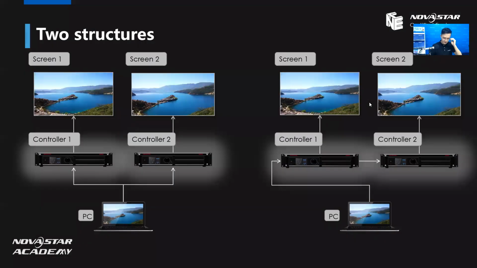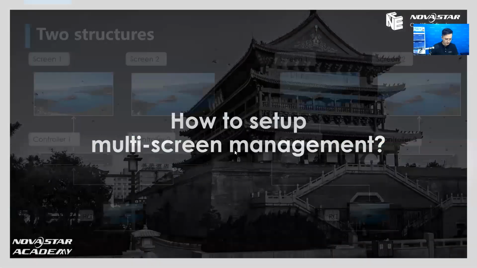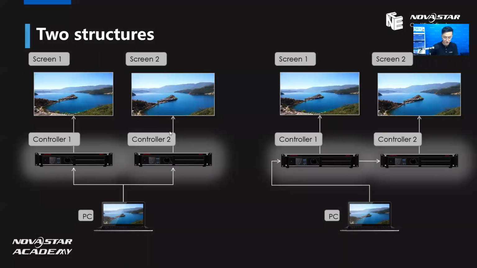So how to set up this? I just give you 2 simple structures as examples. The difference between these 2 structures is, you can see here, they're using 2 controllers. So the main difference is whether the 2 controllers are cascaded or non-cascaded, right?